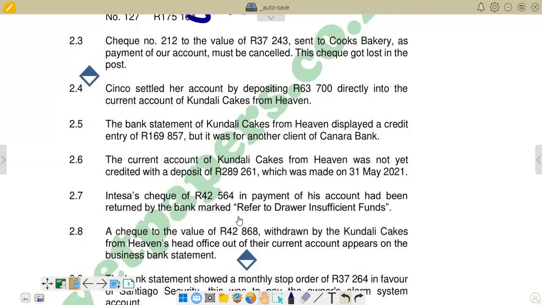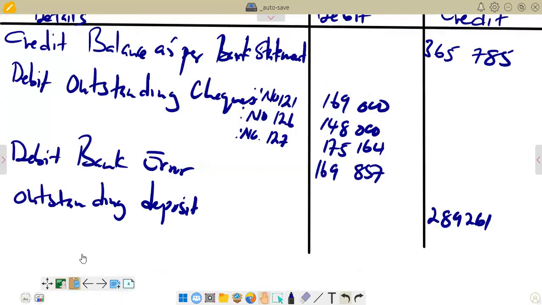So this is actually a credit bank error. We are going to credit the bank error. It was debited, but not supposed to be debited. So we are going to the credit side. So we go there, and then we say credit a bank error. By crediting, we are now correcting the bank error, which was made by debiting it.